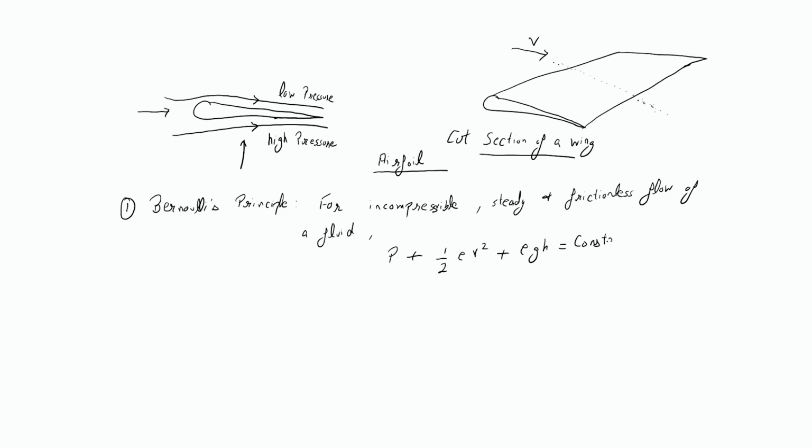I am sure you must have heard about this equation before, where P is the static pressure, ρ is density, V is of course the velocity, g is the gravitational constant, and h is of course the height above the reference level.